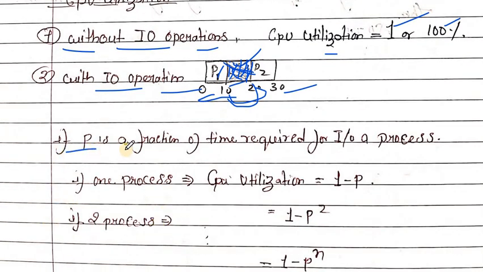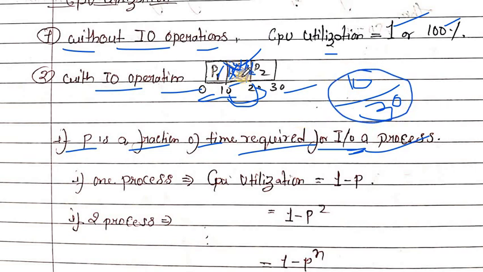So P is the fraction of time required for the input output of a process. If we take 10 units of time out of 30, this is P. Out of 30, we require 10 for input output of the process.